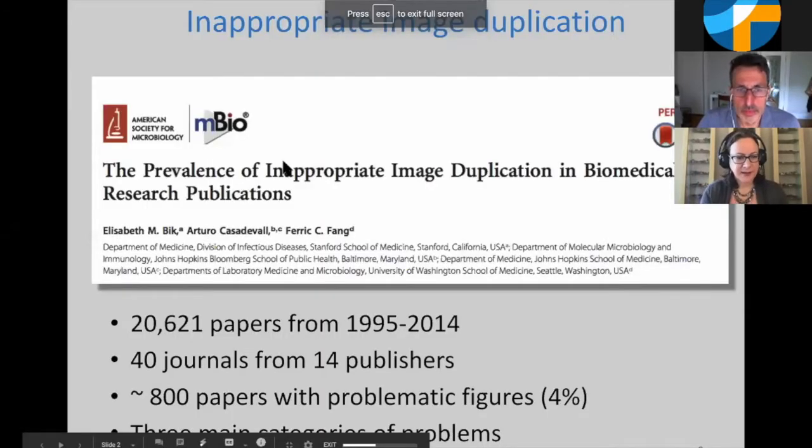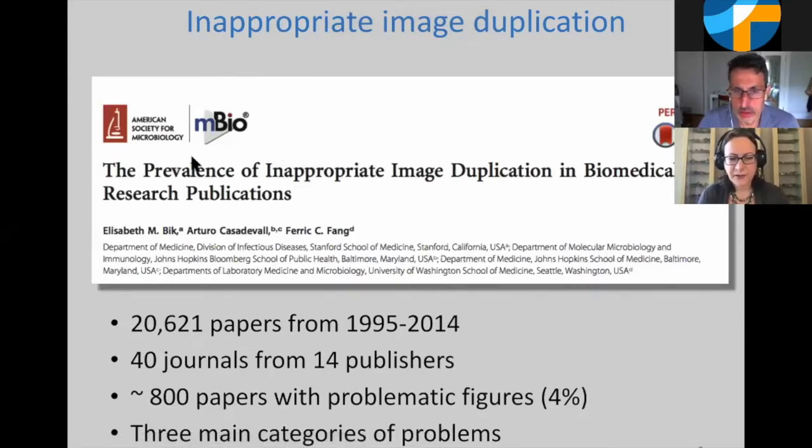There it is. So this is a paper I published together with Arturo Casadevall and Ferric Fang in 2016. And this is sort of my big work in which I looked at images in biomedical papers in a systematic way. I looked at over 20,000 papers. I didn't read the papers, I just looked at the images.